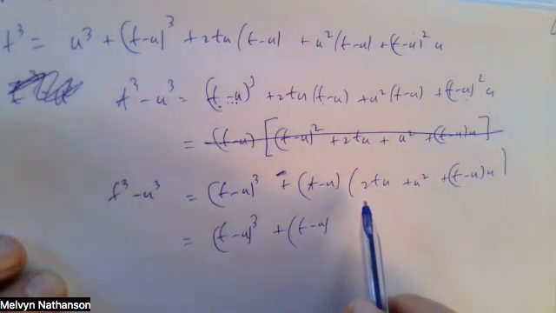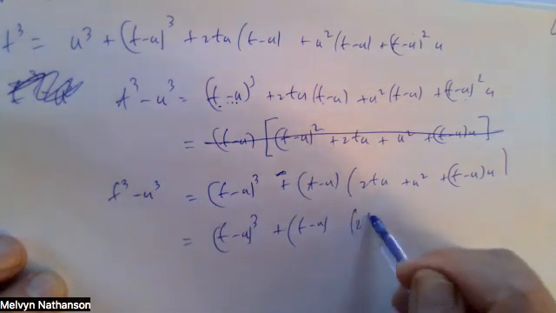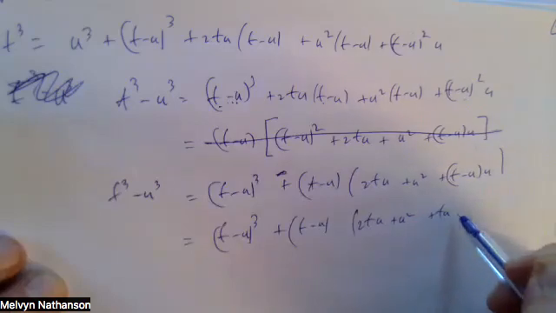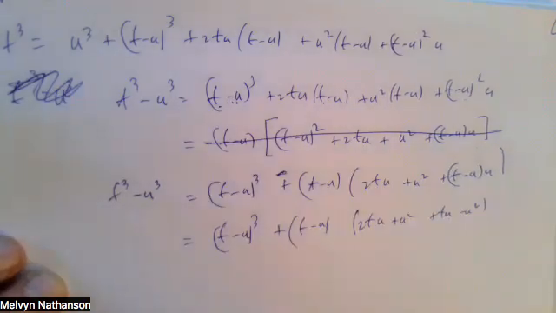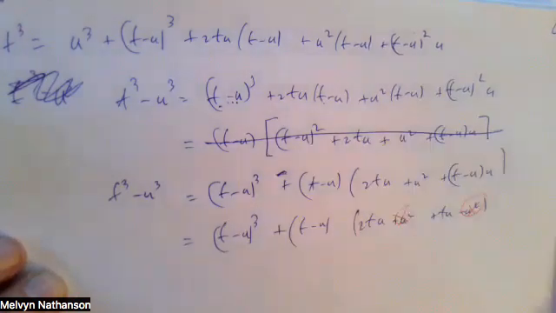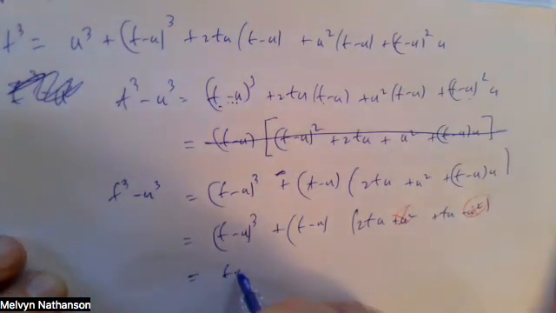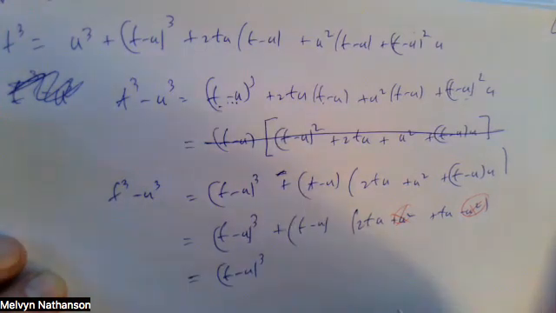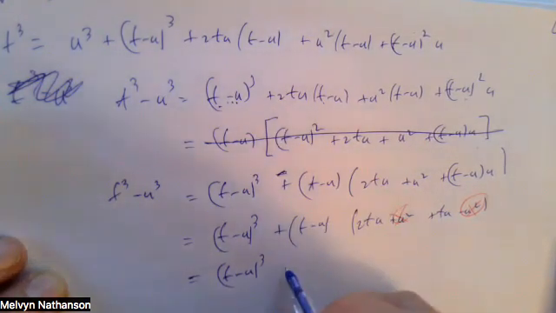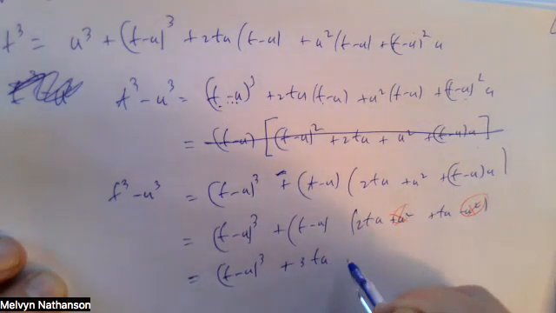Let's see, when I expand this, what do I get? 2tu plus u squared plus tu minus u squared. The u squared cancel. You get t minus u cubed. tu plus tu is 3tu plus 3tu times t minus u.